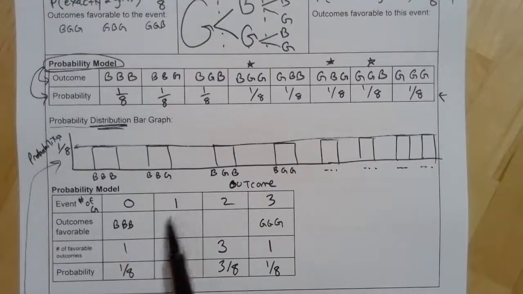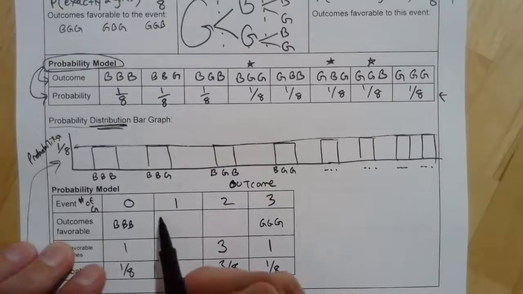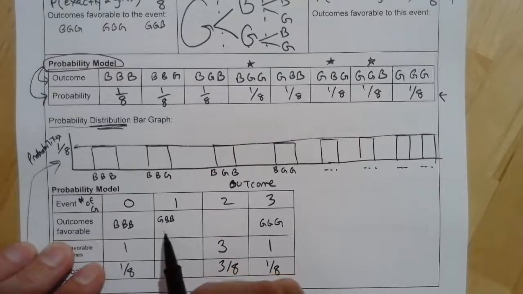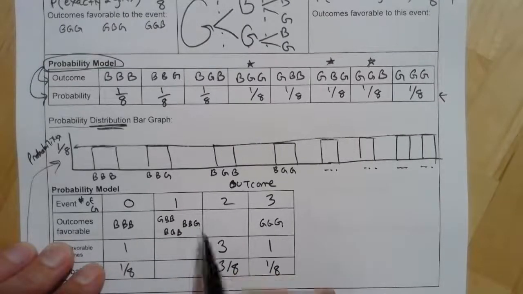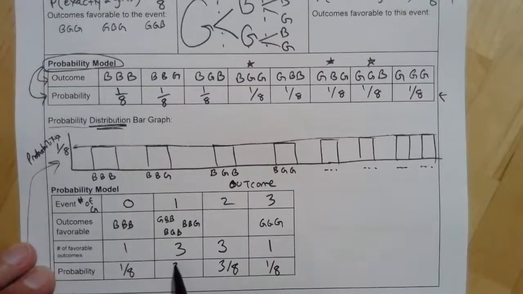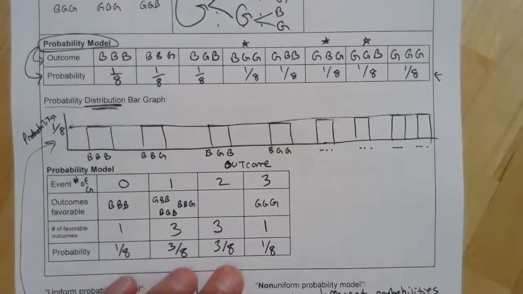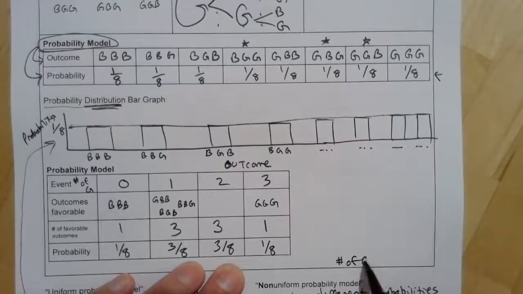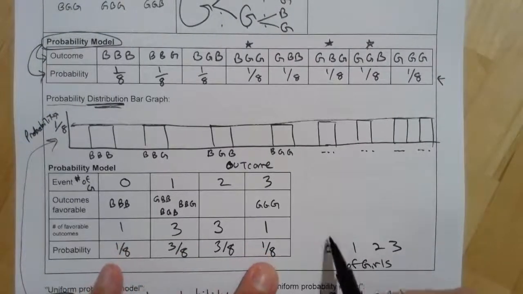But let's examine a little bit more closely the outcomes that would be favorable to only 1 girl. Well, either that girl could be born first, or the girl could be born second, or the girl could be born third. So there are 3 outcomes favorable to that, and so that means the probability there is 3/8. So look at this now. If I were to make a bar graph around this, where this axis was the number of girls, we could have 0, 1, 2, or 3. The probability of 0 or 3 girls is kind of slim.